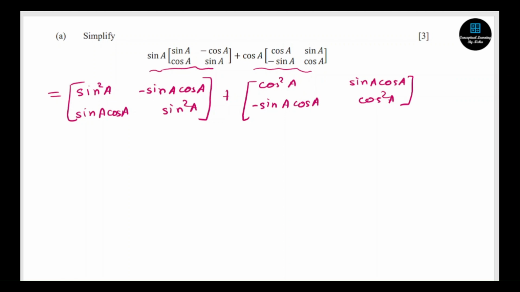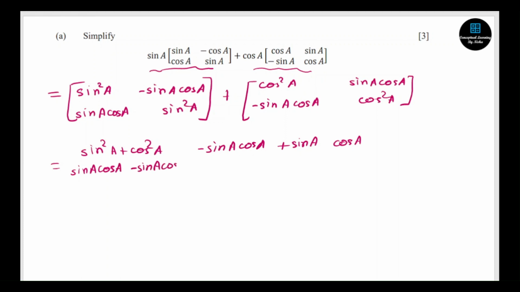Correct? And now we have to add them. So when I add them, sin square A plus cos square A, this is minus sin A cos A plus sin A cos A. Here I'll get sin A cos A minus sin A cos A, and this is sin square A plus cos square A. Now we know the trigonometric identities.